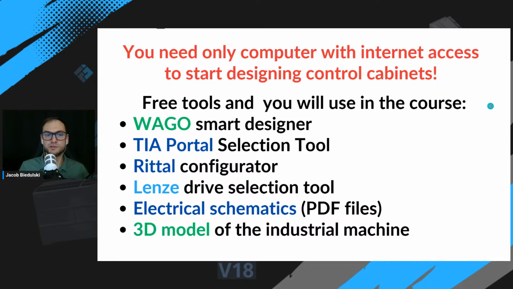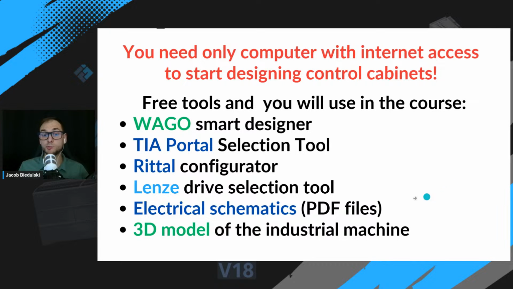In the course, we'll use 3 online tools: Wago Smart Designer for designing terminal strips, TIA Portal Selection Tool for creating a bill of materials for PLC systems, Retail Configurator for selecting parts for your control cabinet, and Lancer Drive Selection Tool for calculating drives for conveyor systems.